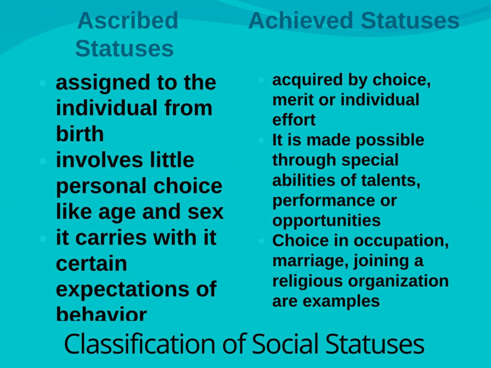It carries with it certain expectations and behavior, while achieved status is acquired by choice, merit, or individual effort. It is made possible through special abilities or talents, performance, or opportunities. Choice in occupation, marriage, joining a religious organization are examples.